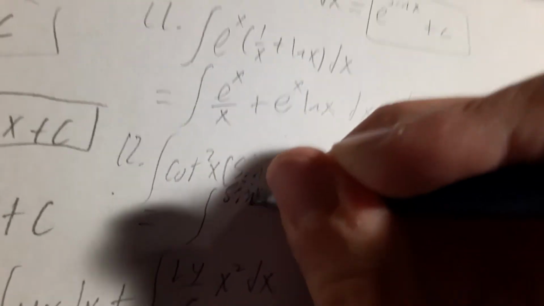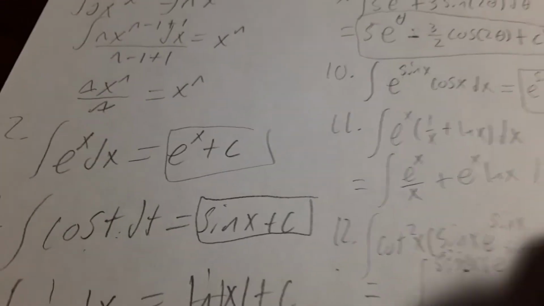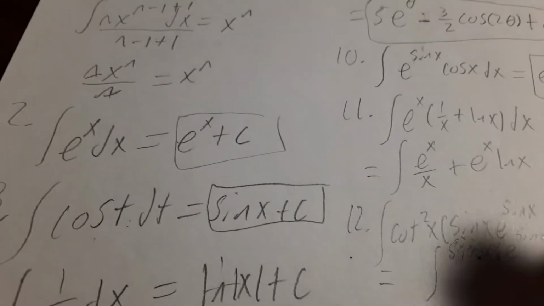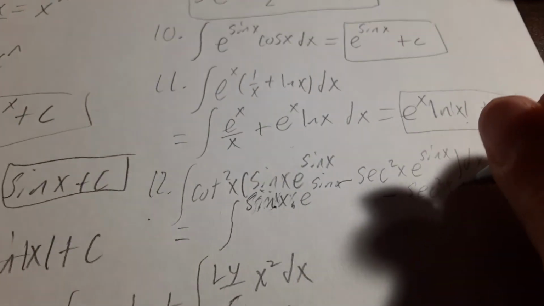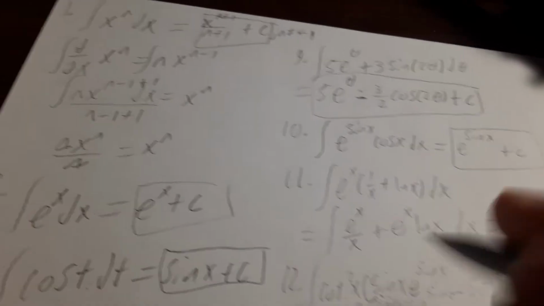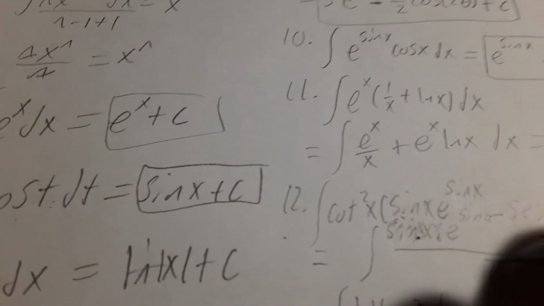I might need a bit more. Whatever. We'll just leave it like this. And then, well, I'll leave the space here. Minus secant squared x e to the sine x all over the reciprocal of cotangent squared, which is tangent squared.